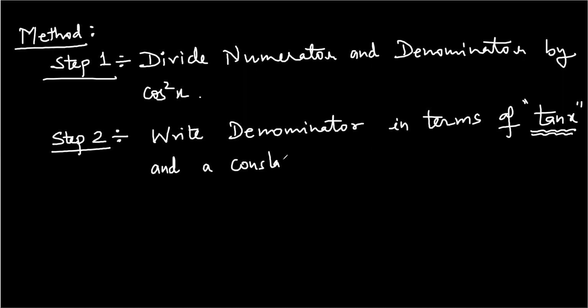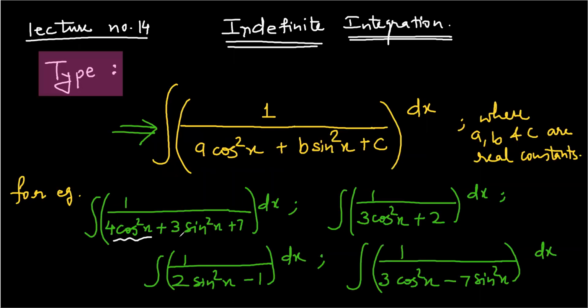So what is permissible in the denominator? Tan x is permissible and a constant is permissible. What does that mean? See here, you have 4 cos square x, 3 sin square x, and 7. You will divide numerator by cos square x, and you will divide denominator by cos square x.